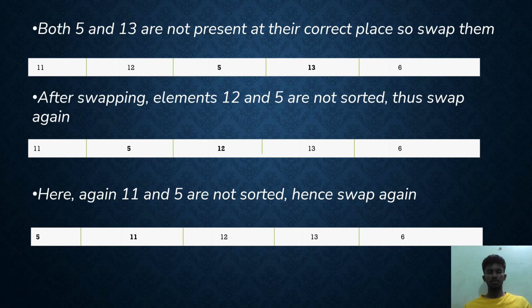After the swap, 12 and 5 are not sorted, so swap again, and the elements are 11, 5, 12, 13, and 6. Here again 11 and 5 are not sorted, hence they swap again, and the elements are 5, 11, 12, 13, and 6.